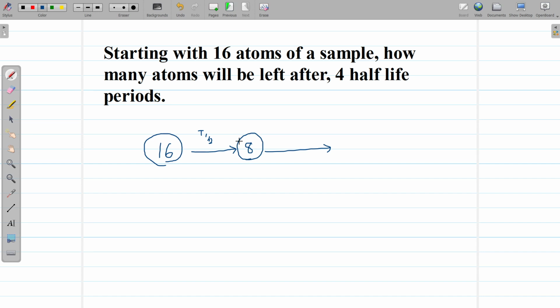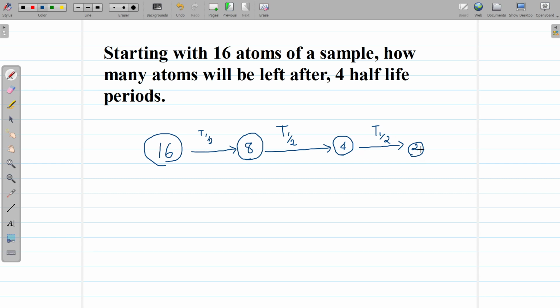Now if these 8 atoms are considered, after another t half period, the 8 atoms will be again halved, converted into 4 atoms. Now if again another half-life period is covered, the 4 atoms will be exactly halved in that period.